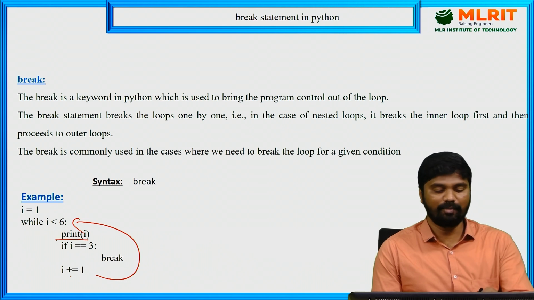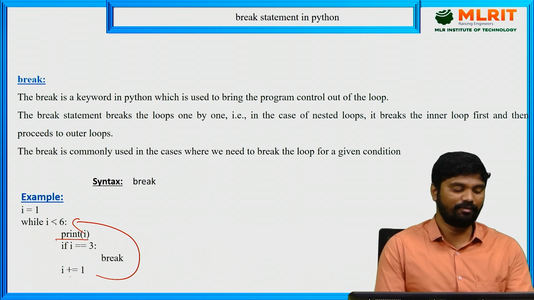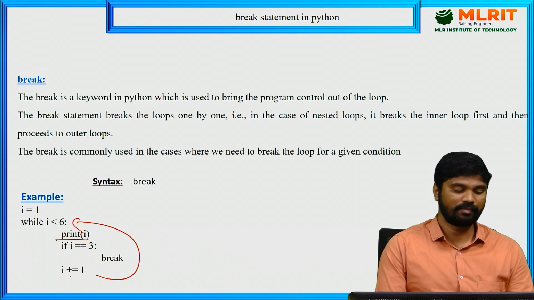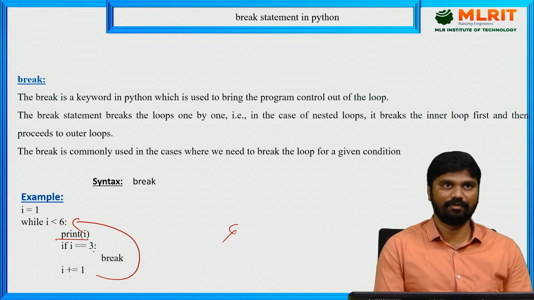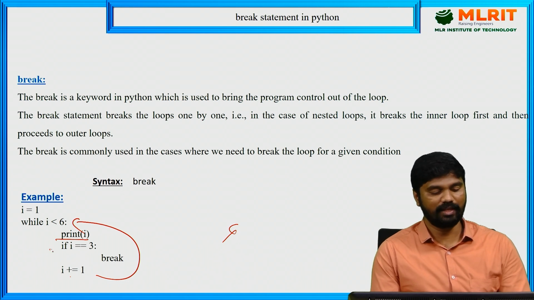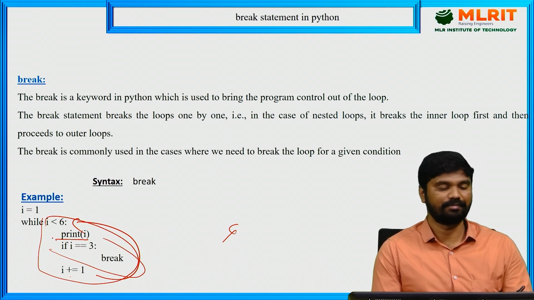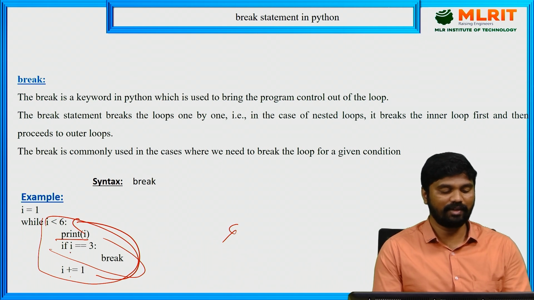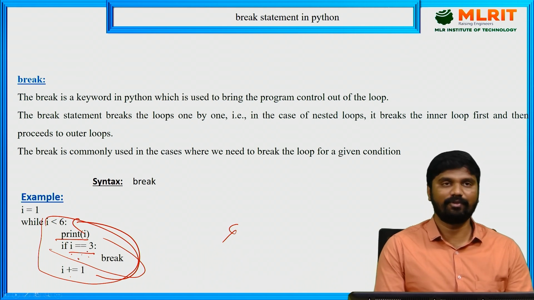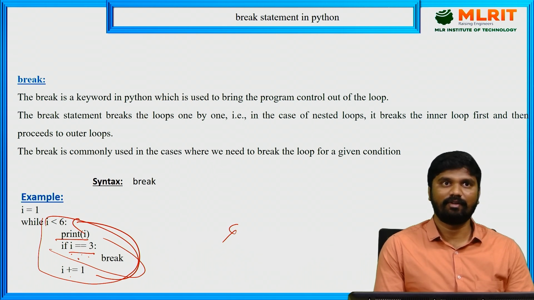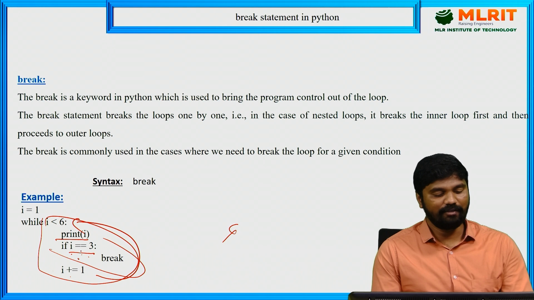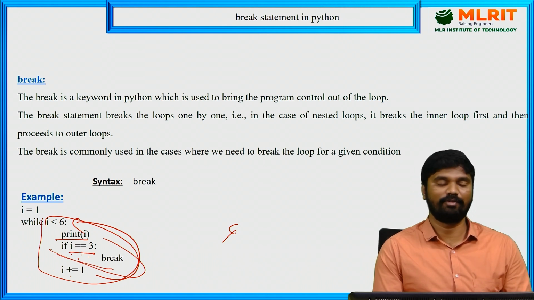Now the value will be printed. Now see, is 4 equals 3? No. So 4 is not equal to 3, and the loop won't stop here. Whenever the I value becomes 3, then only it will stop, and it won't execute the next statements.